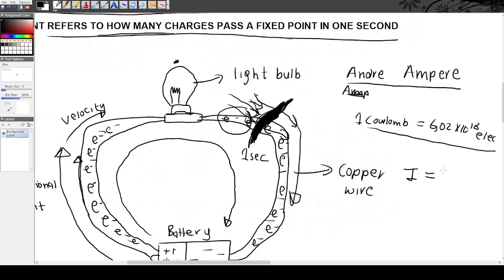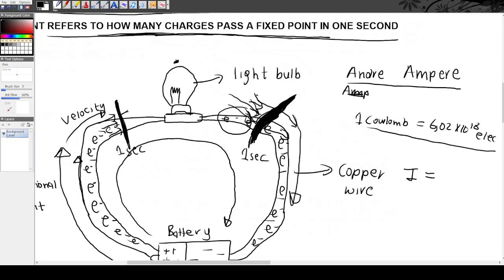So current is just the rate of flow of charges. It's how many charges pass a fixed point. What fixed point? The fixed point in this case is that dash, the black line. Let's say it's this line here. We calculate how many coulombs of charges, meaning how many groups of electrons, pass here in just 1 second.